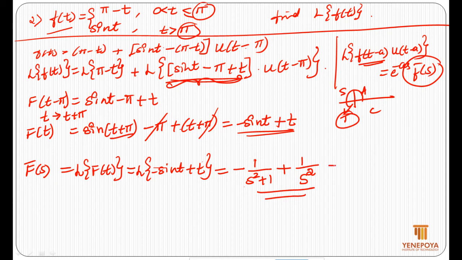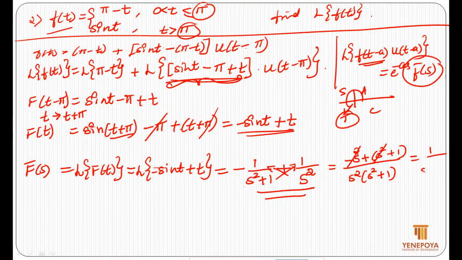Or you can take the common denominator, s² and s² + 1. Here you need to multiply by s², so −s² plus s² + 1. The s² and −s² cancel, so you get the answer as 1 divided by s²(s² + 1). That is F̄(s).